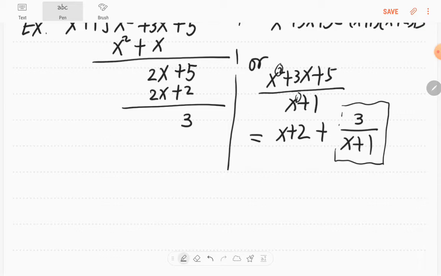After you make this division, you have a new fraction, and the top degree is 0 and the bottom degree is 1, still 1. So we reduce the degree of the top, right? It will be a much simpler fraction that we can deal with using other knowledge.